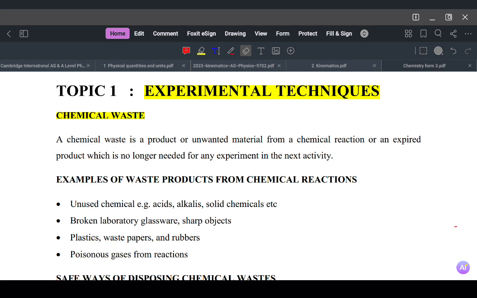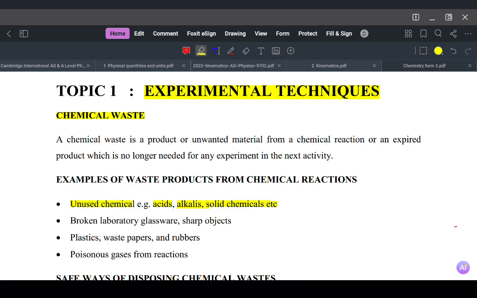So some examples of waste products from a chemical reaction include unused chemicals. For example, acids, alkalis, solid chemicals, and others. All these are considered to be wastes. Let's suppose that you were carrying out an experiment in which you are reacting an acid and an alkali.